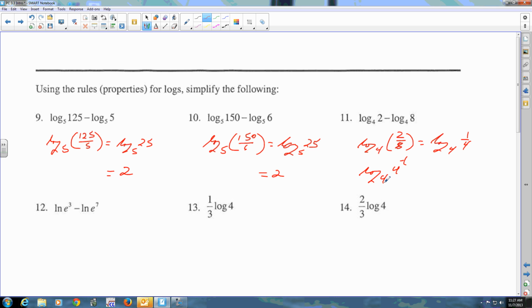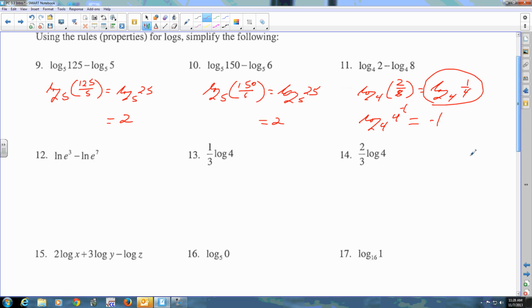Now just think about it for a second. 4 to what power is 4 to the negative 1? Said another way, what's the exponent on 4 that gives you 4 to the negative 1? The answer, negative 1. You can get that right from here if you just slow up and think about it. 4 to what power is a quarter? Or what is the exponent on 4 that gives you a quarter? Negative 1.